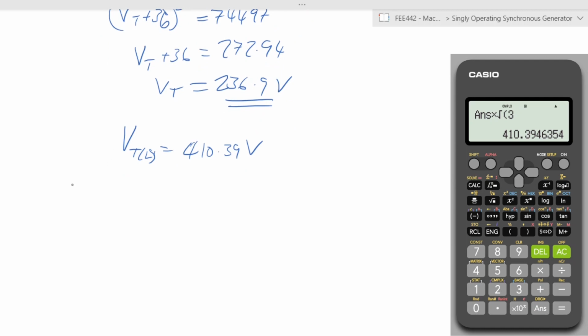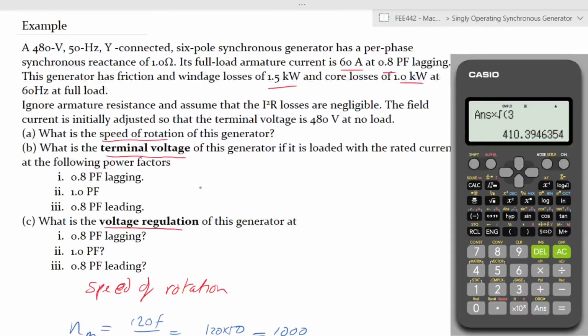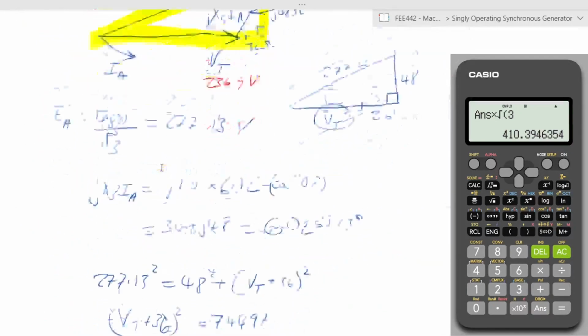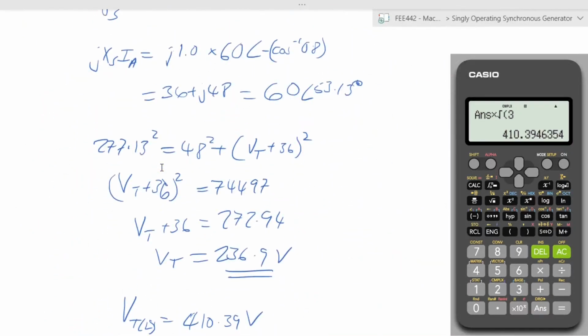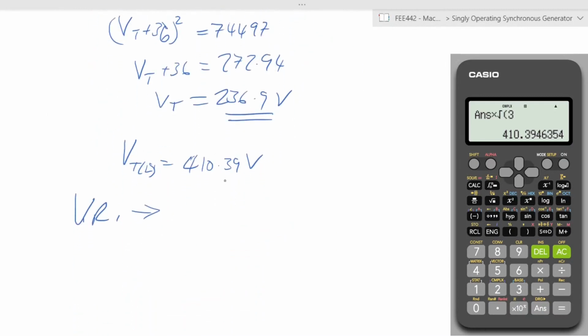Now, if we want the voltage regulation for this particular case, it will be no load voltage, which was given by 480 here. That's the rated. Minus your full load voltage, which is 410.39, over, I need to verify, 480. Okay.